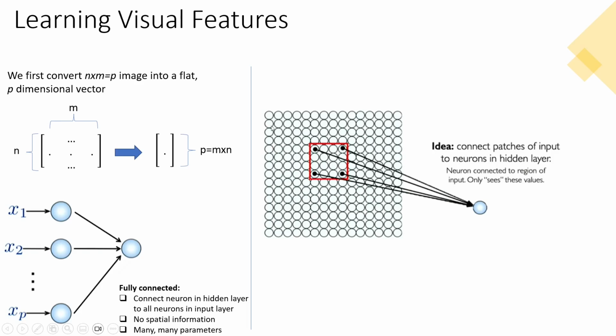We can filter this image, we can create something else from this image, and we can feed this something else to the neural network. So this is what we will be doing in this class. We will see how we can convert this two-dimensional image into a higher-dimensional tensor and feed this tensor to the neural network. And this operation of converting this two-dimensional image into this tensor is called convolution.